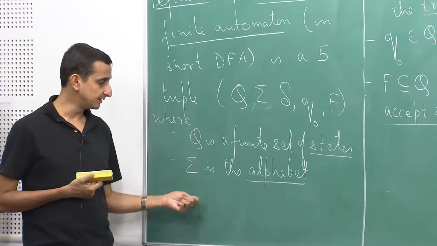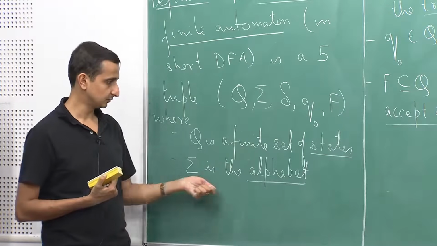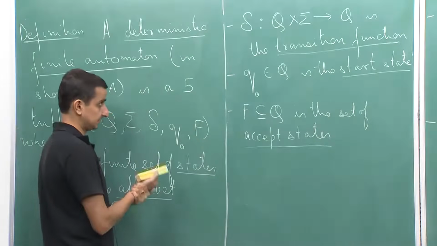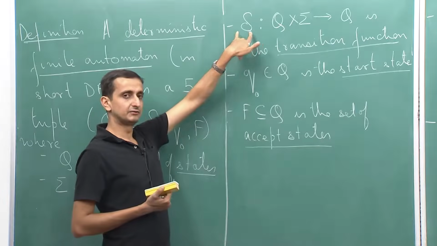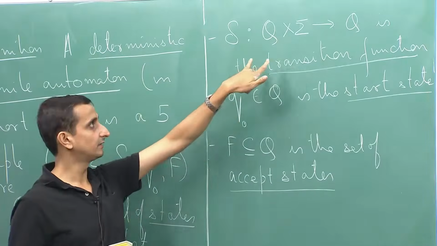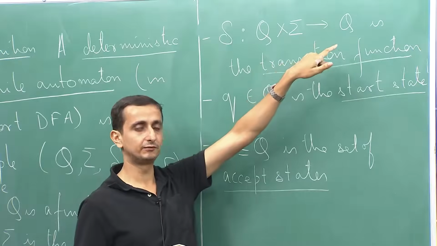These are the labels that we have on the edges of our DFA, in the earlier example, the 0 and 1. Delta is the transition function. This describes what the edges are going to be and what the labels are on each of these edges.